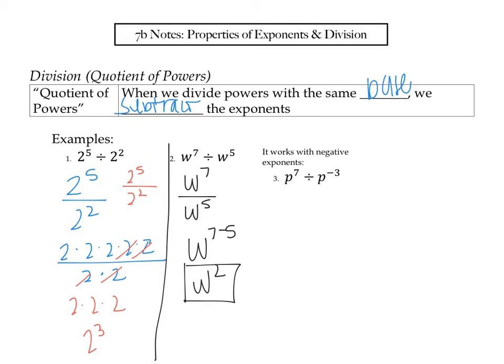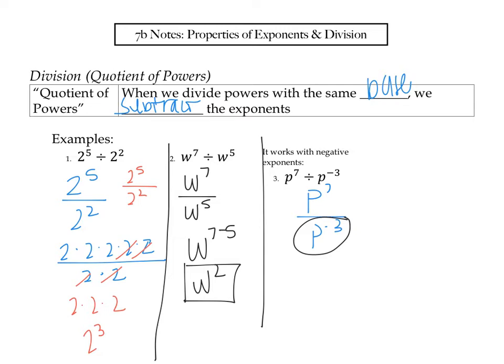So then it also works with our negative exponents. If I've got p to the 7th divided by p to the negative 3rd, I'm going to want to make these p's on the denominator positive. Remember when we want to make exponents positive, we move them to the other part of our fraction. If they're in the bottom, we move them to the top, and if they're in the top, we move them to the bottom.